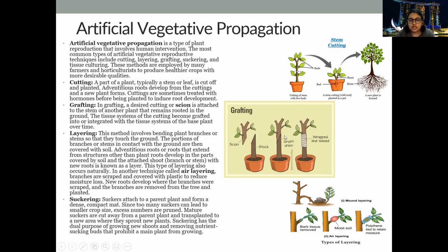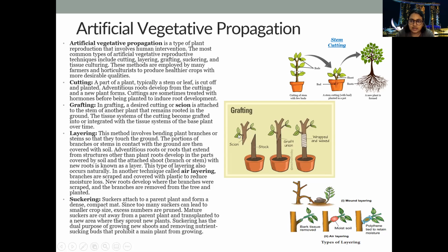Fine. Then grafting. In case of grafting, it is a bit different from cutting. In cutting, what we do is simply cut the branch and put it into the soil. But in case of grafting, what happens? A desired cutting or scion is attached to the stem of another plant that remains rooted in the ground. Suppose this is a plant whose root is already in the ground.